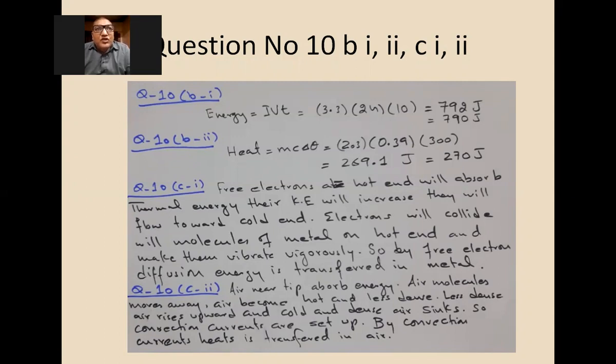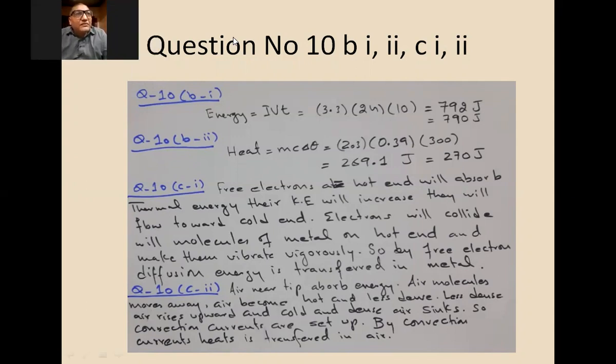The V value is 24 volt. And the value of the time is 10 seconds. In this formula, we take the time in seconds. Remember, this thing is very important. The time must be taken in seconds. And the final answer will be 792 joules. If I round it off to two significant figures, this will be 790 joules. So this is the first part.